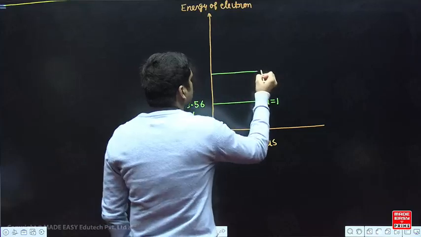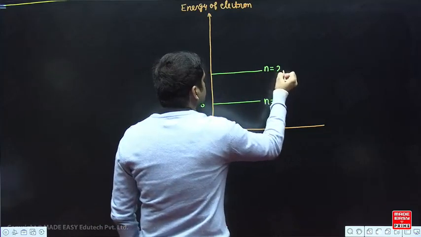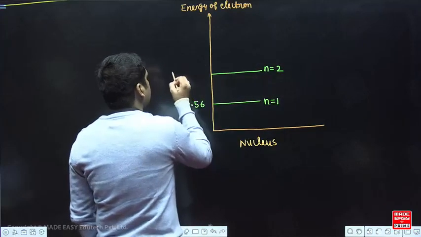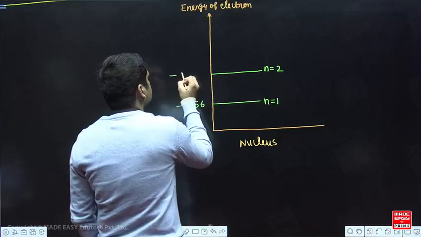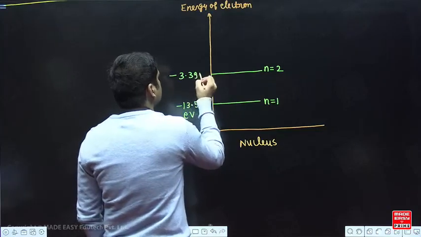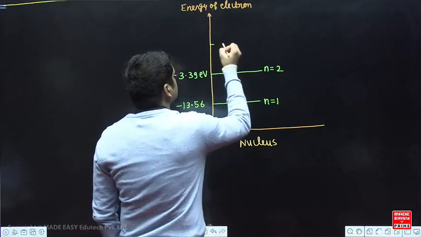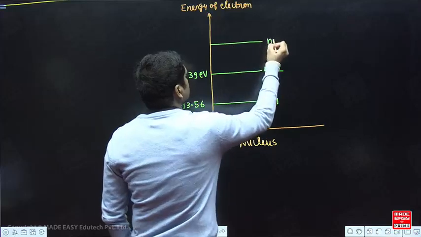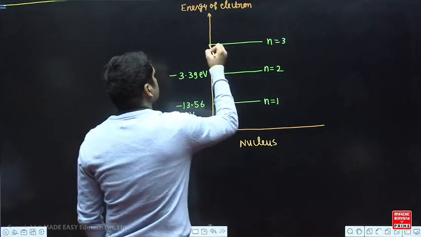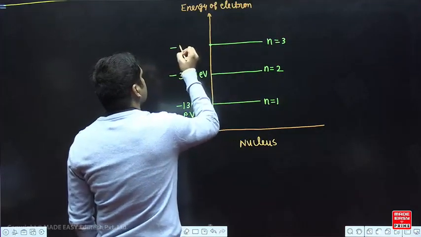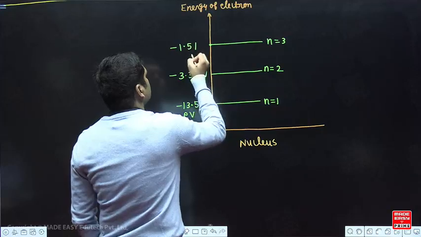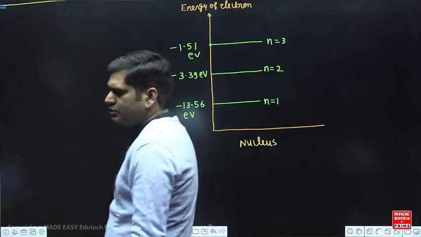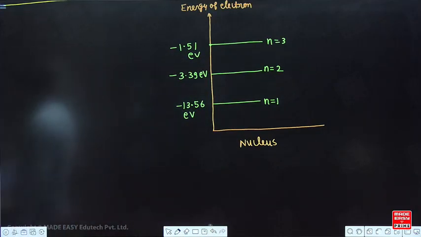Then for the second orbit n is equal to 2, you are getting energy that is -3.39 electron volt. Then for the third orbit n is equal to 3, you are getting energy and that is -1.51 electron volt. Likewise you keep on moving, इसी तरह से आप बढ़ते चले जाएंगे.